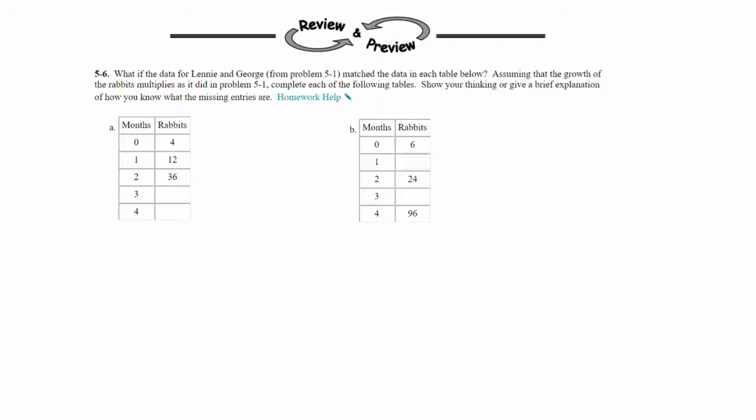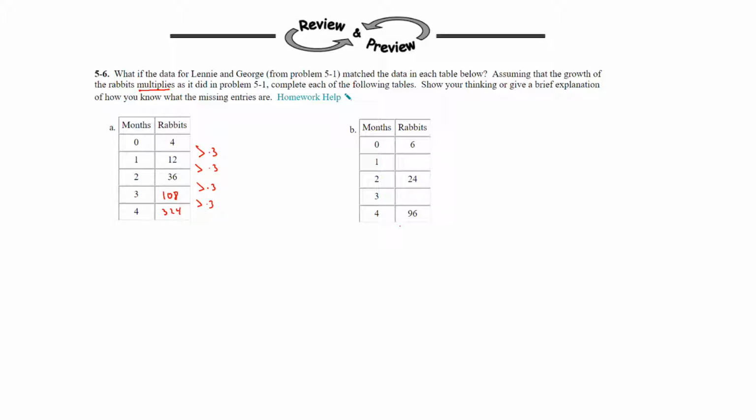So from what we had seen before in terms of rabbits multiplying, this is 4 times 3, 12 times 3 is 36, and then we just continue this pattern. 36 times 3 is 108. And then 108 times 3 is 324. So that's how we're able to find those missing values.